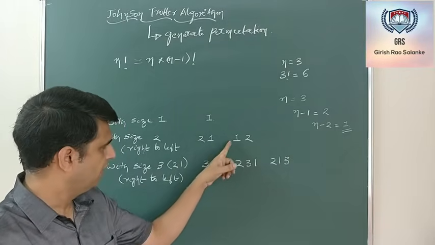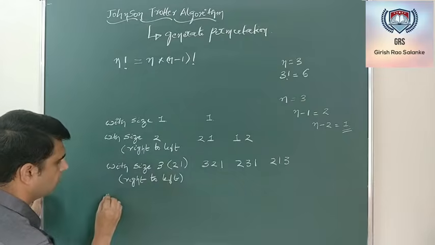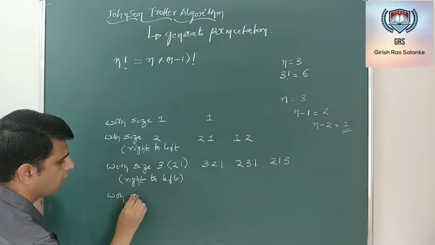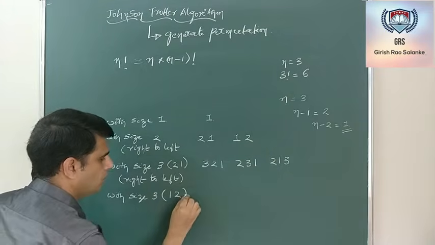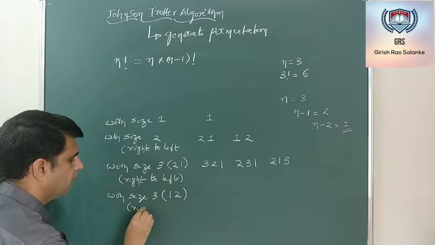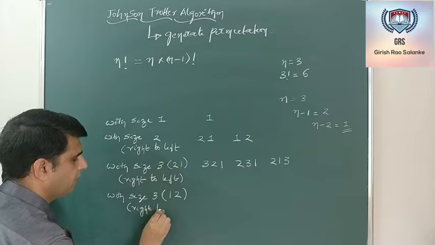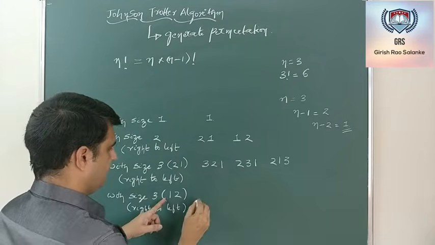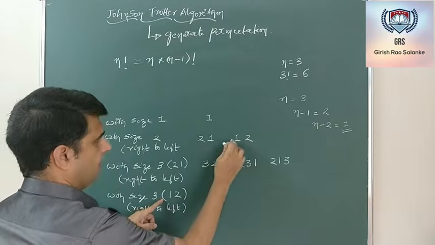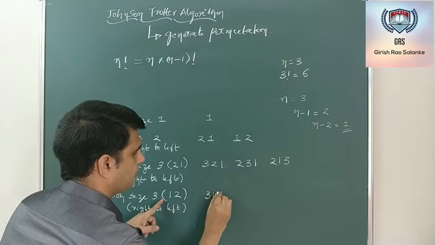Now, we are left out with 1, 2. Now, with size 3 of 1, 2, I will try to insert 3 from right to left once again. Now what is this? First I need to insert 3 on the right side, that is 3, 1, 2.